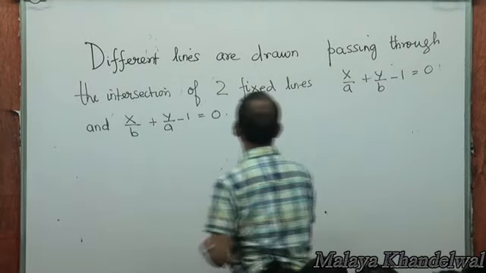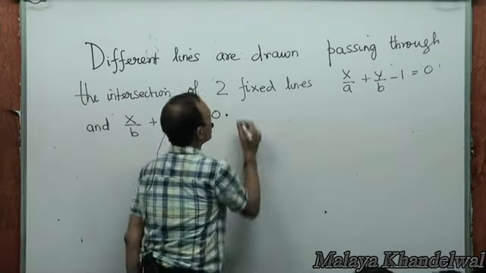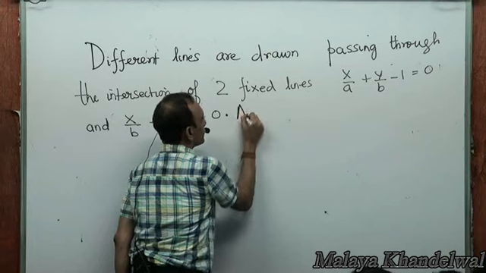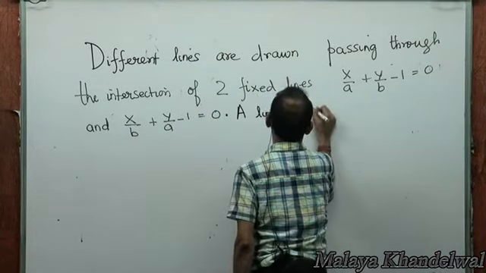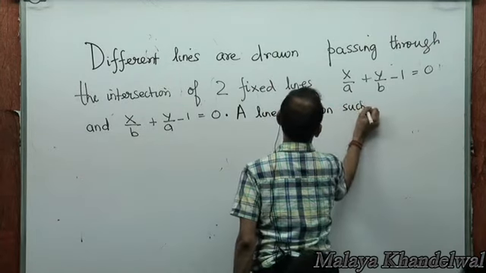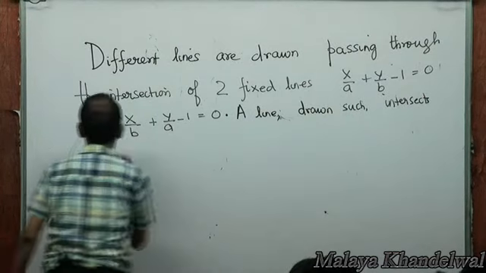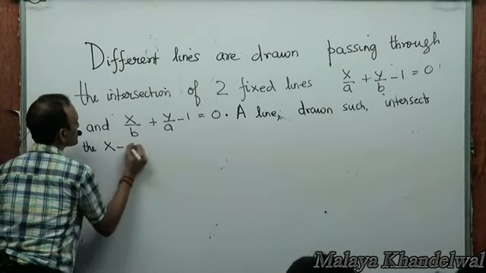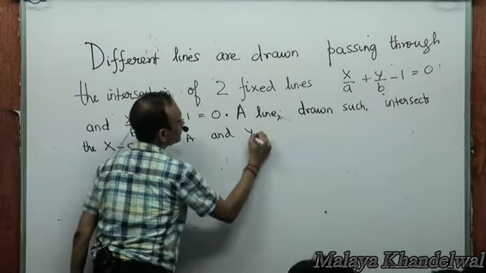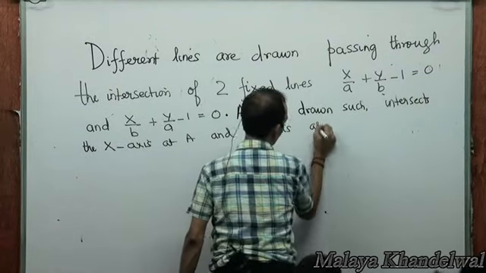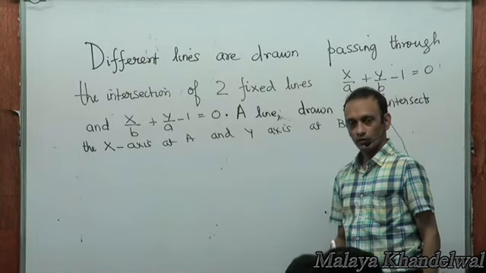Now, a line drawn such that it intersects the x-axis at A and y-axis at B. Right?